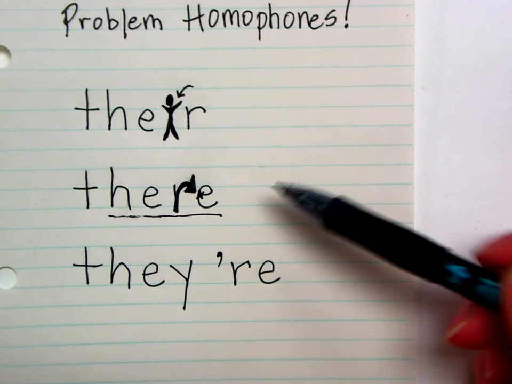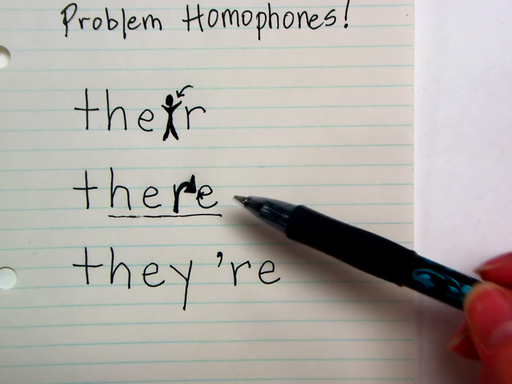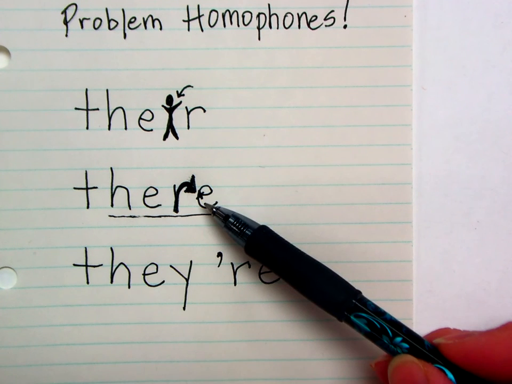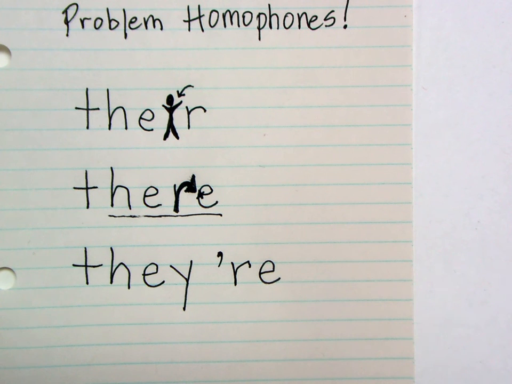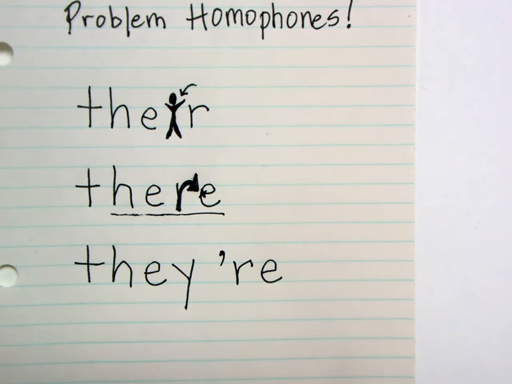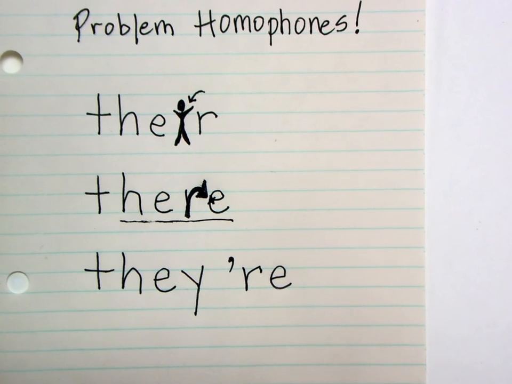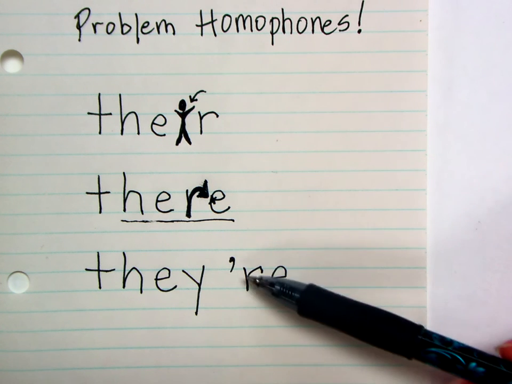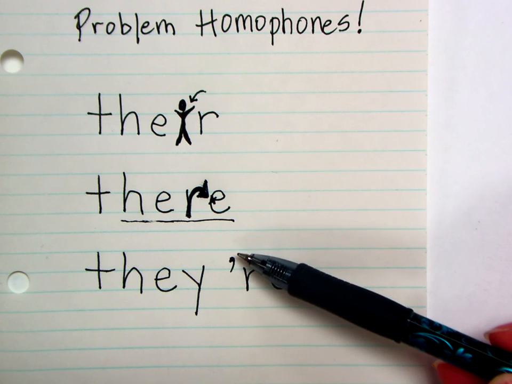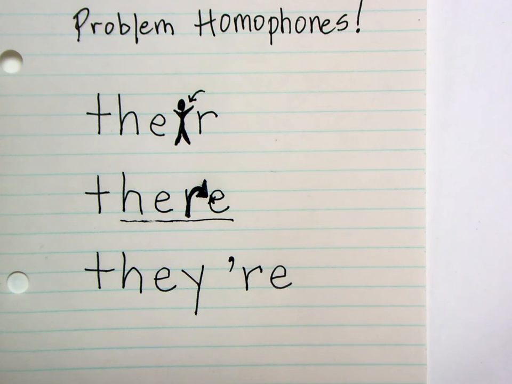And when we use the there that is spelled T-H-E-R-E, we're talking about right there, a specific point or a specific spot. All right, the third one, T-H-E-Y apostrophe R-E, is a contraction. We know it's a contraction because it has an apostrophe in it, and the apostrophe stands for the missing letter.